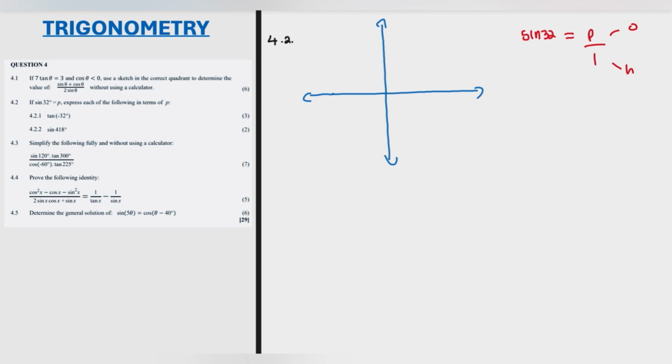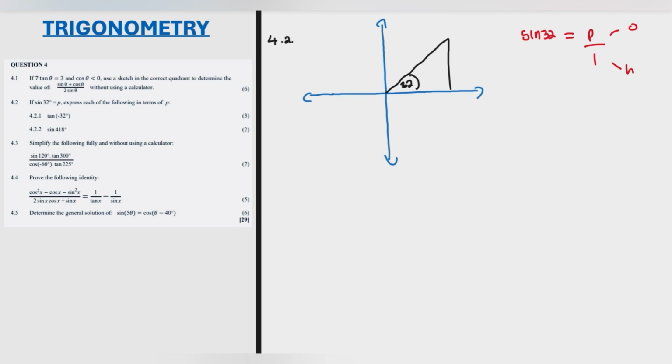And your P is positive. Sine is only positive in 2 quadrants, the first and the second quadrant. So in this case, our diagram will lie in the first quadrant, because our angle there is less than 90.